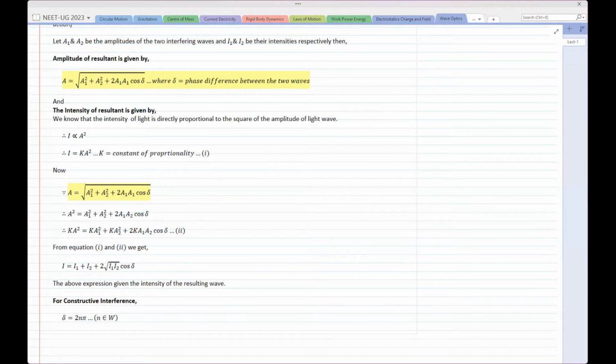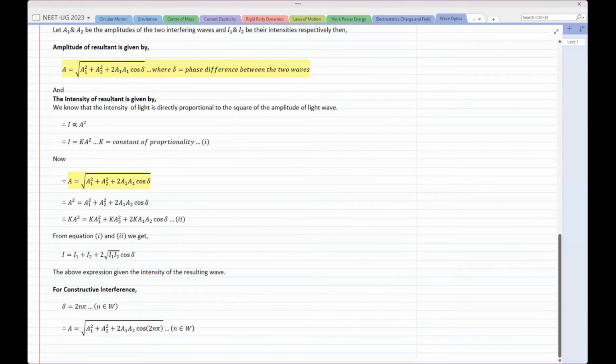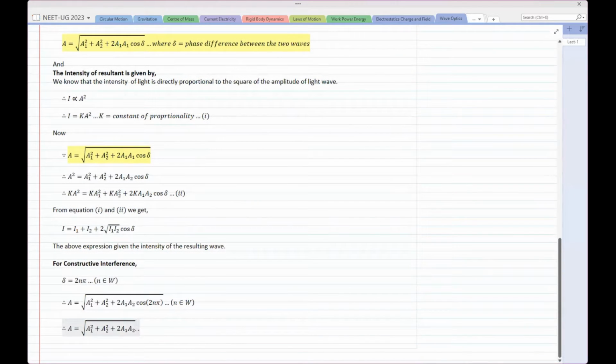So for constructive interference, since delta is equal to 2n pi, what we can do is we can substitute it in the formula for amplitude. So therefore amplitude A is root of a1 square plus a2 square plus 2a1 a2 cos of 2n pi. N belongs to whole number. This is the condition. Now if n belongs to whole number, then cos of 2n pi is always 1. Okay.